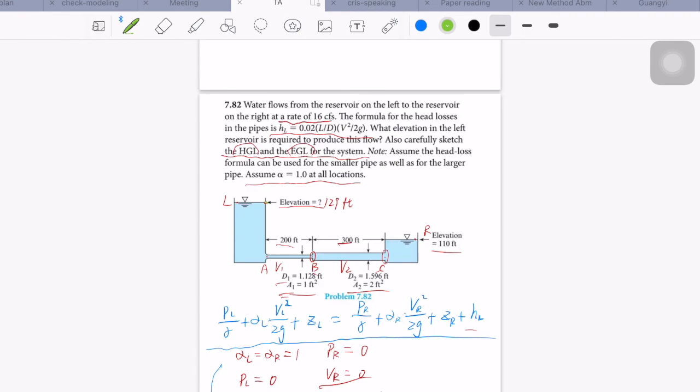At B there is an abrupt expansion, so the EGL will drop.